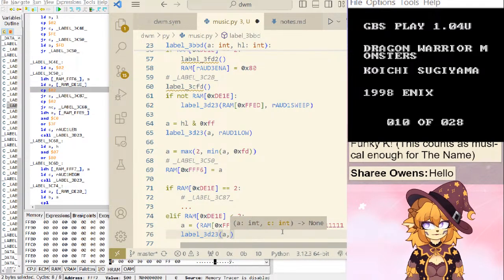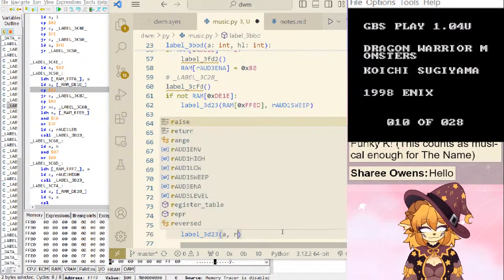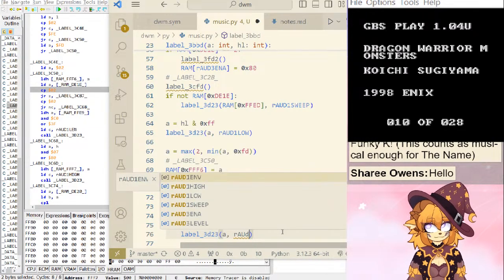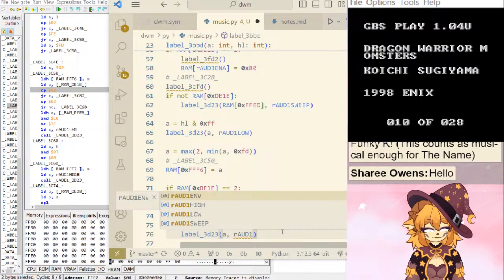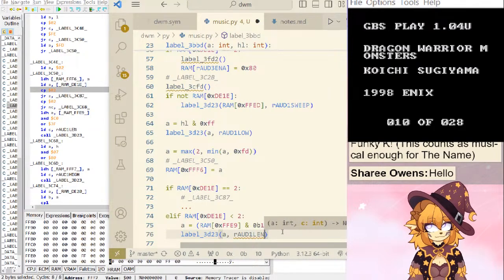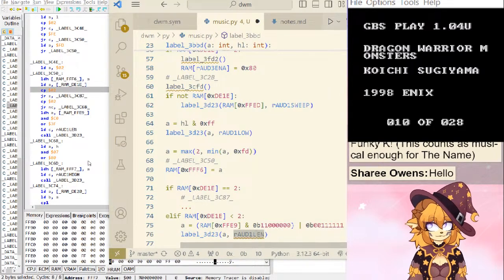A. Lost my spot. R on 1 Len. Oh, nice. We needed that.